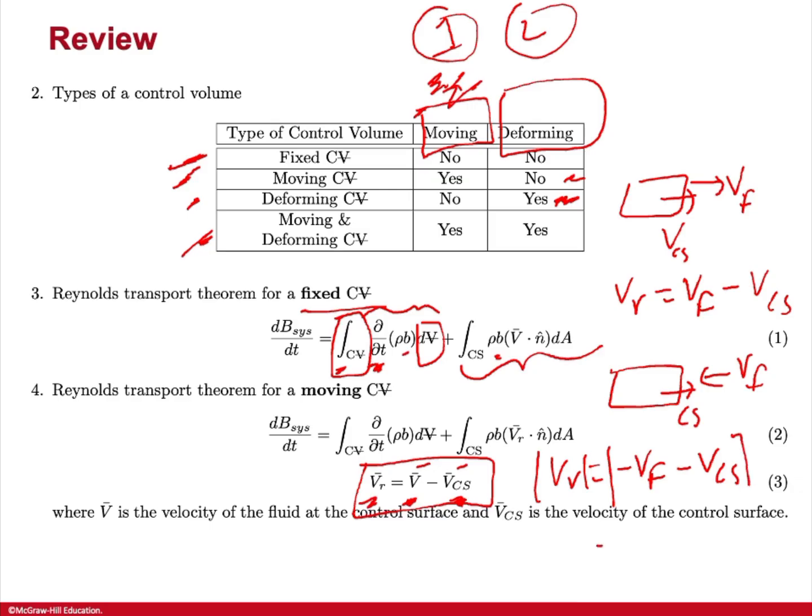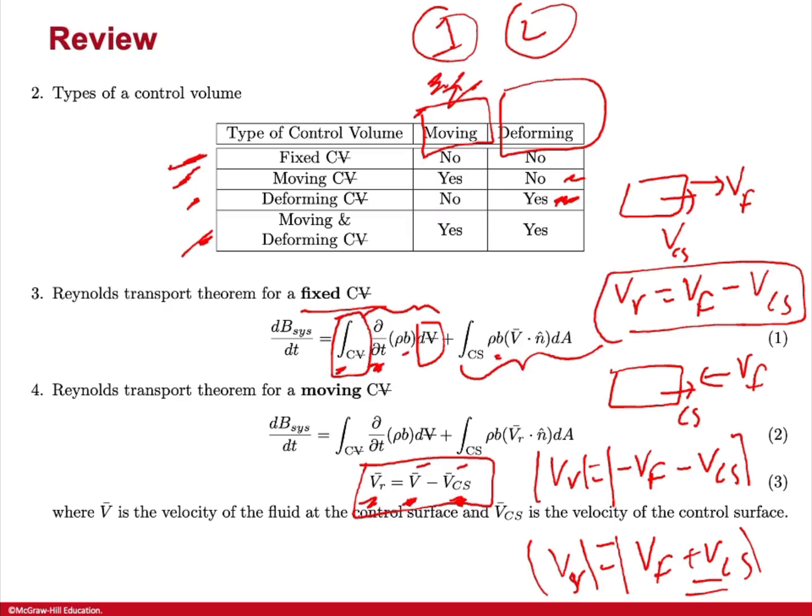So if you're just looking at the magnitude, the magnitude of relative velocity in this case is going to be bigger, where the velocity of the control surface is opposite to that of the fluid, than the case where it is in the same direction. Okay, so just be mindful of it.